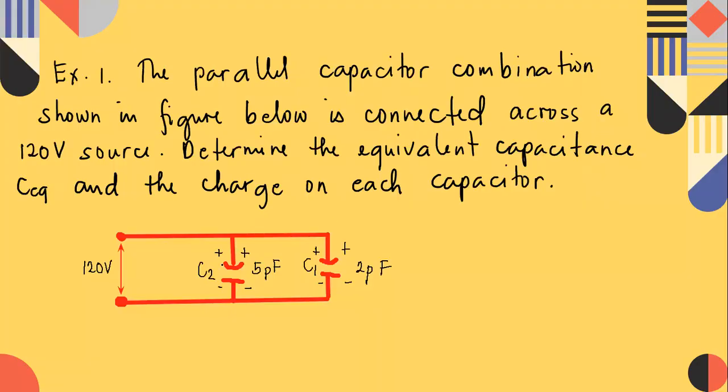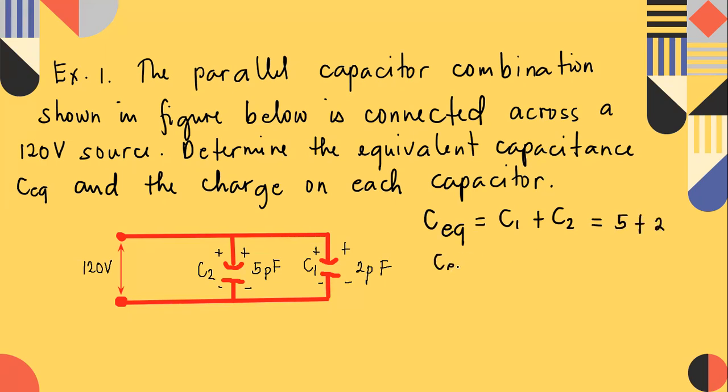Given the figure, we have 120 volts, C2 equal to 5 picofarad, and C1 is 2 picofarad. Now for the equivalent capacitance, we have C equivalent is equal to C1 plus C2, which is equal to 5 plus 2.